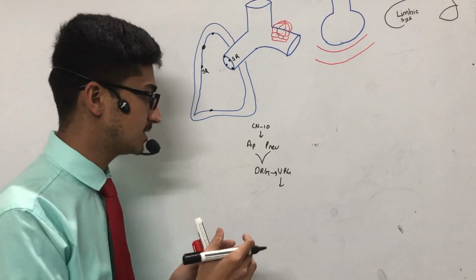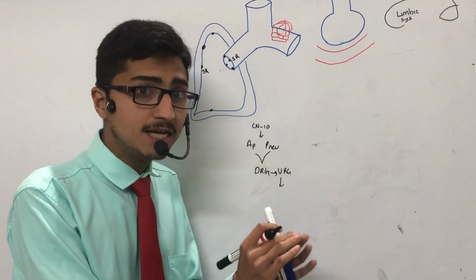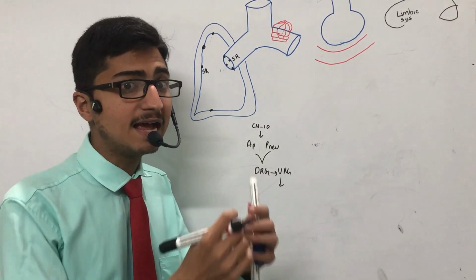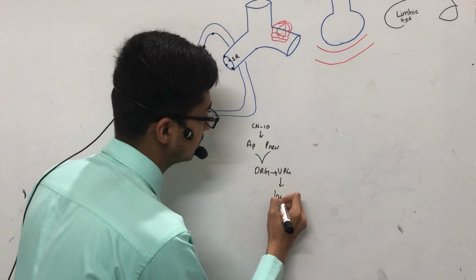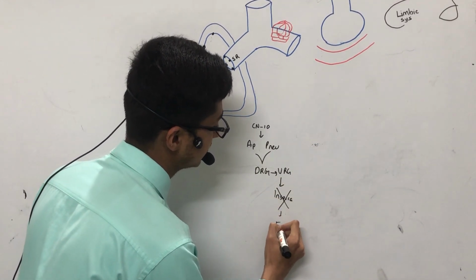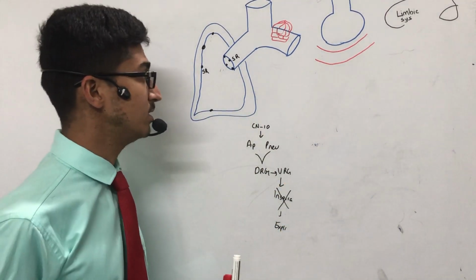So what happens in this case? As soon as the DRG stimulates the VRG, the inspiratory impulses are stopped and the expiratory impulses get started. So inspiration is stopped here and expiration is started. So this is how the stretch receptors work.